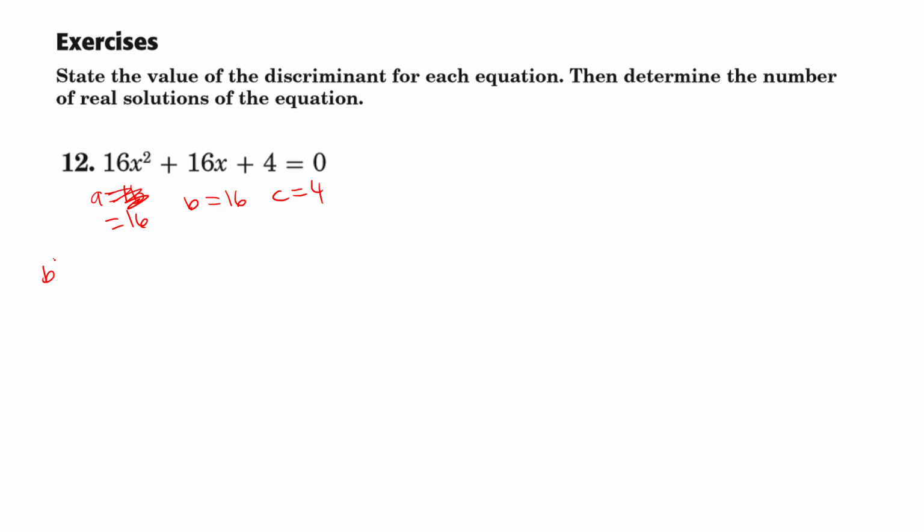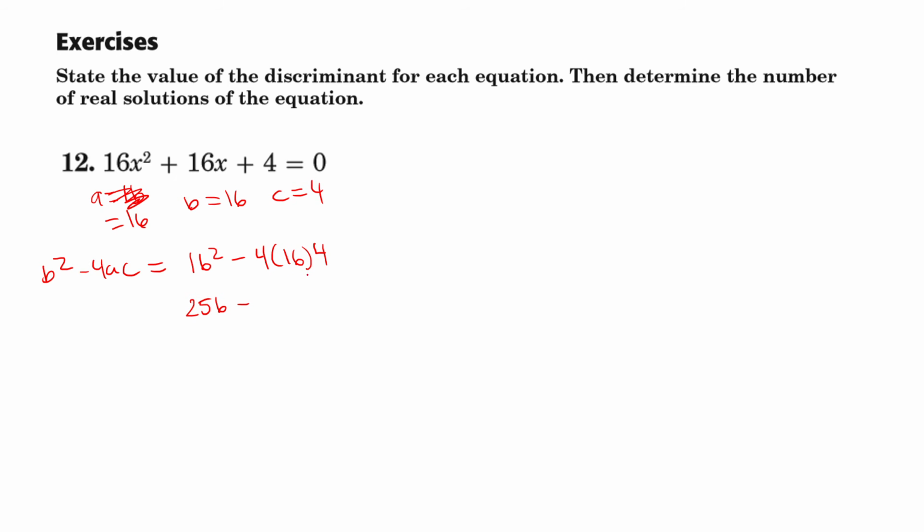I'm going to have b squared minus 4ac equal to 16 squared minus 4 times 16 times 4, and 16 squared is 256. Yep, I just double checked it, 256.